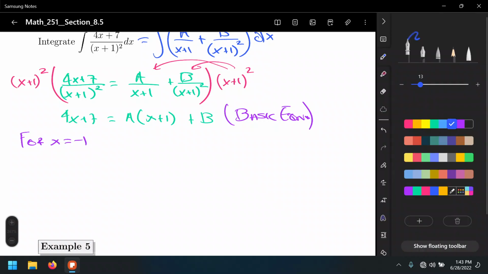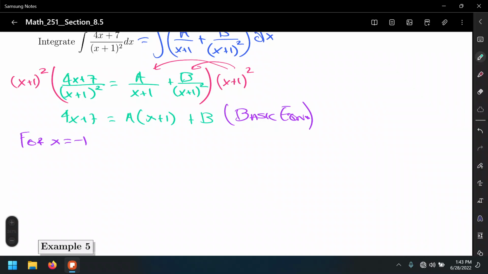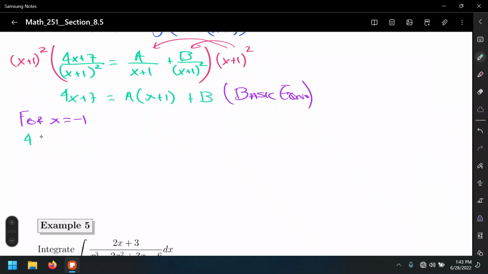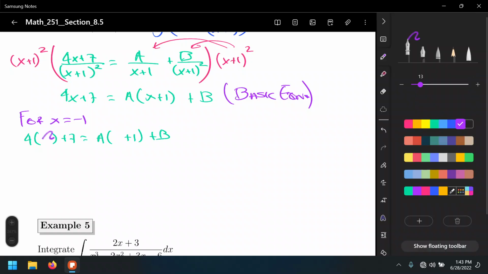So we're going to have 4 times negative 1 plus 7 equals A times (negative 1 plus 1) plus B. That's negative 1, negative 1. This term will zero out, and we're going to be left with 4 times negative 1, which is negative 4, plus 7, that's 3 equals B.